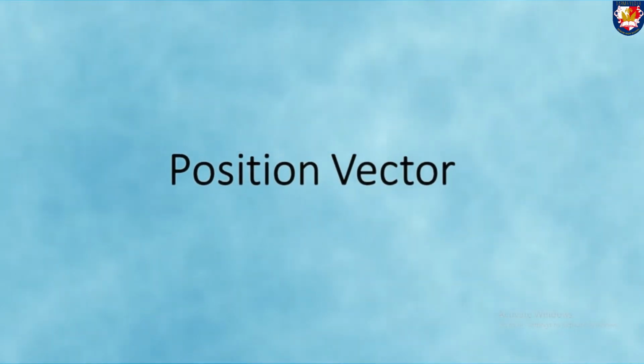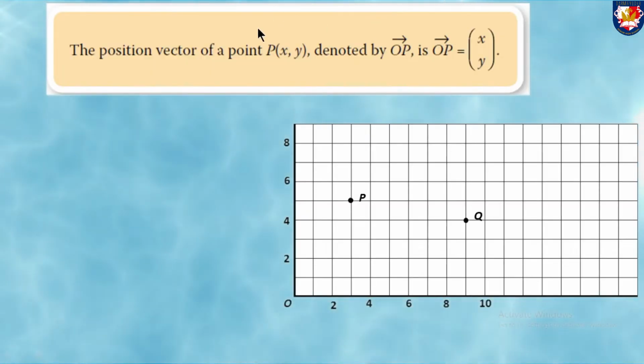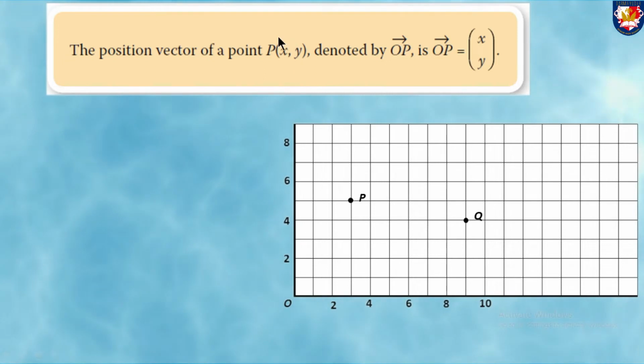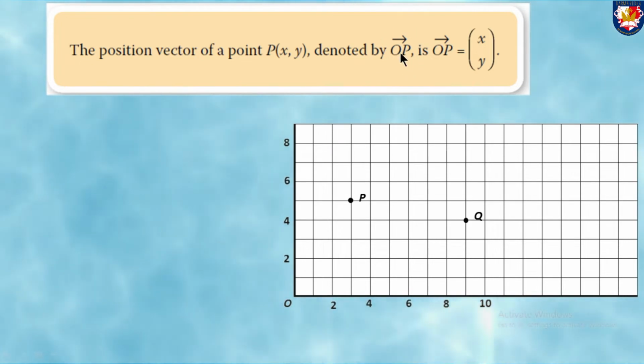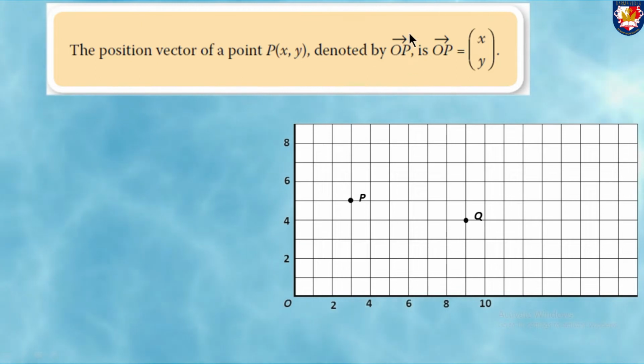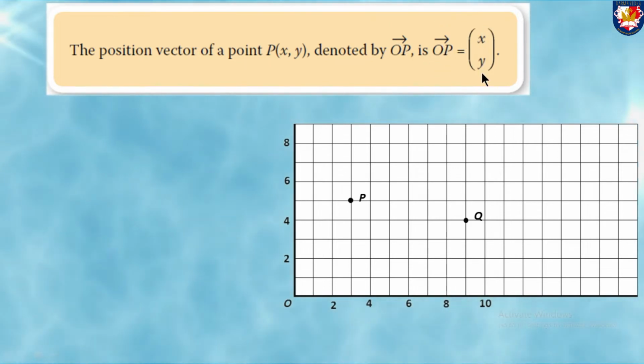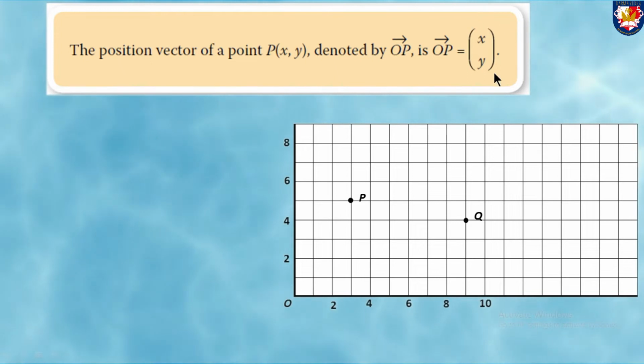Position vector. What is a position vector? If there is a point P written as Cartesian coordinates x, y, then OP, where O is the origin, is what we call the position vector of point P. Position vector OP equals x, y if you write it as a column vector.